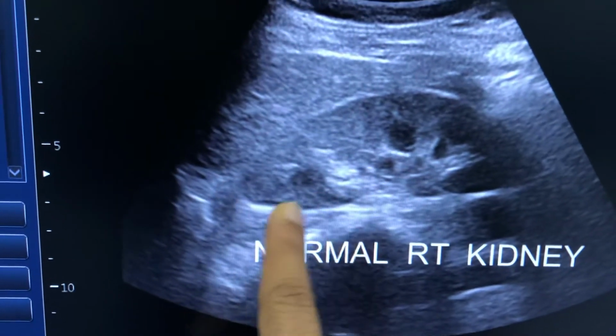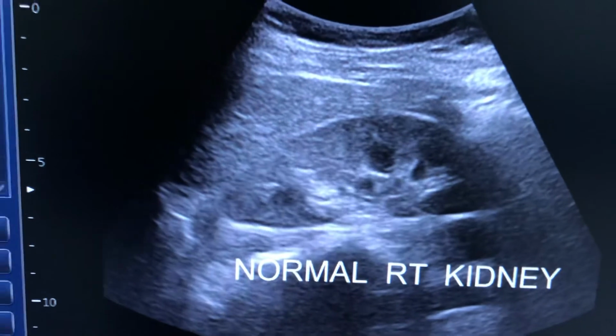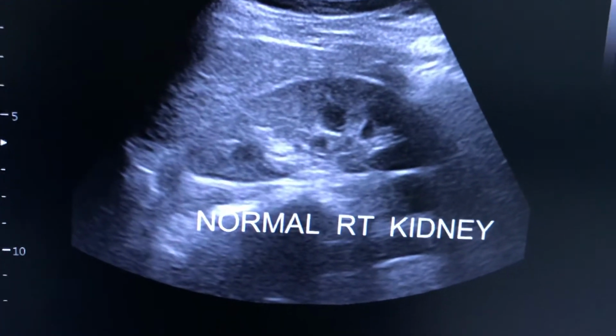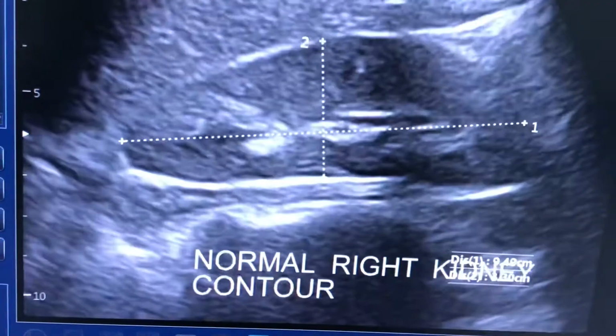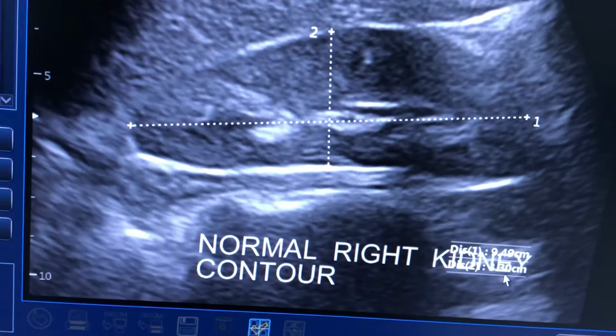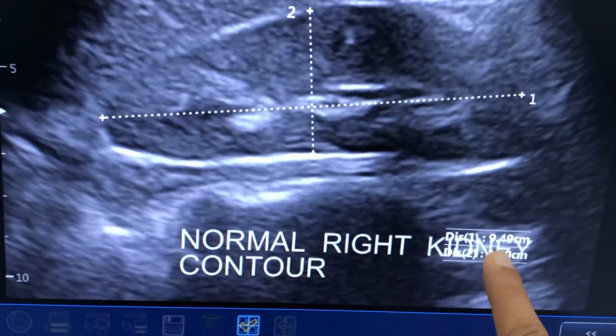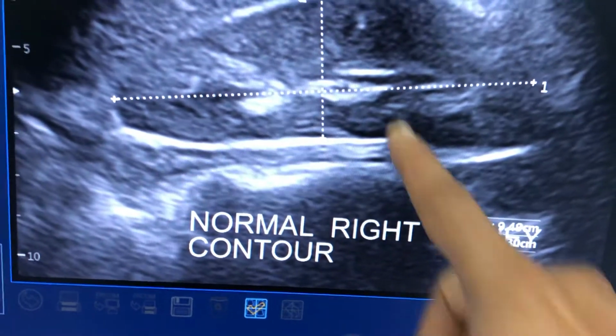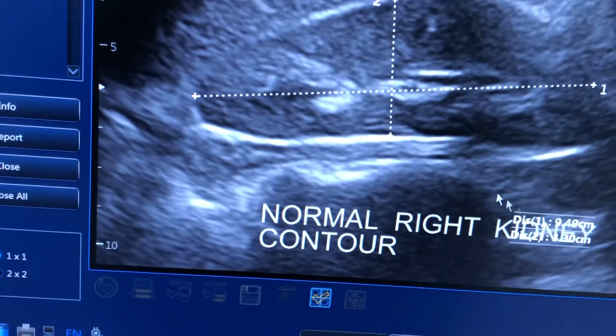Here there is a V shape, this normal kidney, and the size of this kidney is 9.4 centimeter by 3.3 centimeter in AP view. Okay.